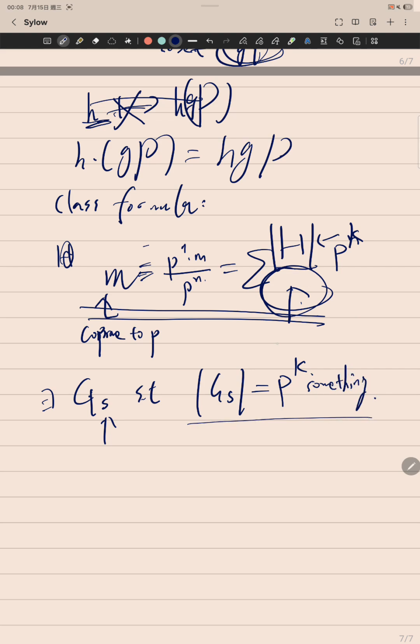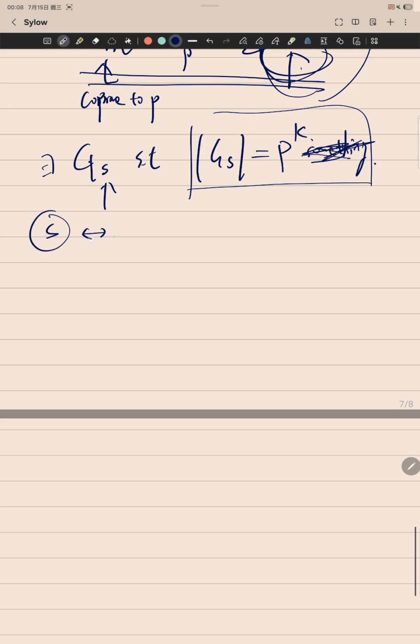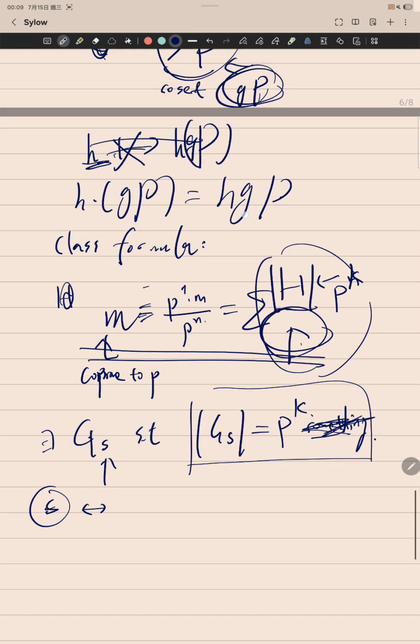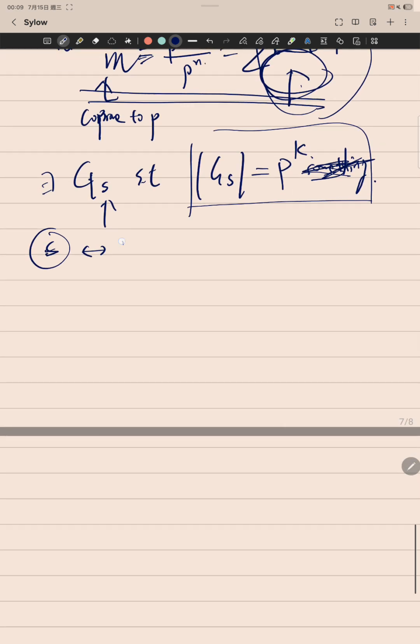It should eat up all the prime factors. Let's say the orbit is an element of G quotient P. So this S will correspond to some gP for some g.